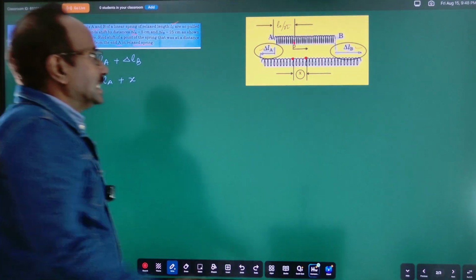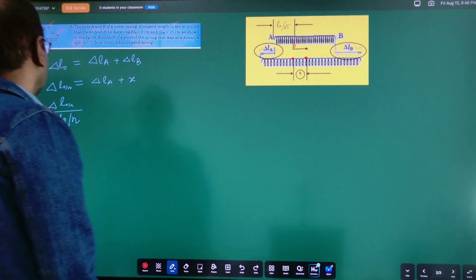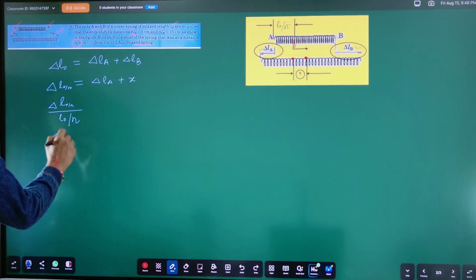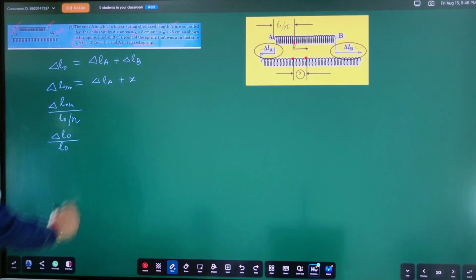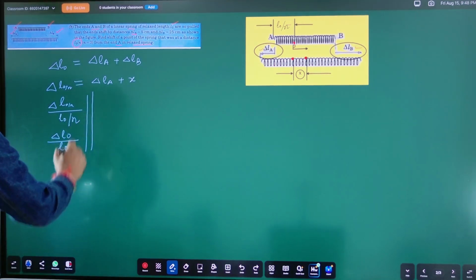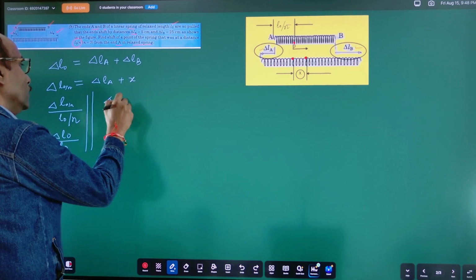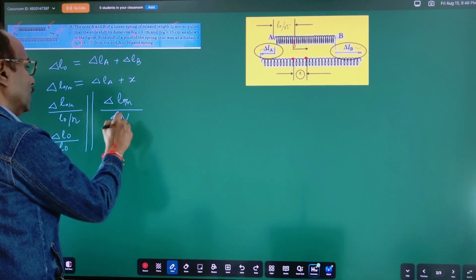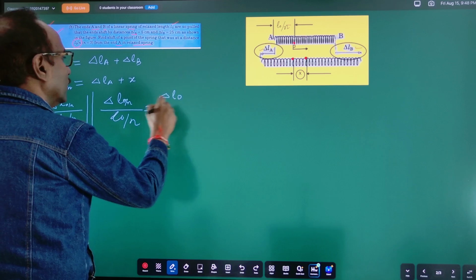What is the strain in the total length of the spring? Delta L naught by L naught. As per the linear spring definition, these two will be equal. Delta L naught by n divided by L naught by n equals delta L naught by L naught.